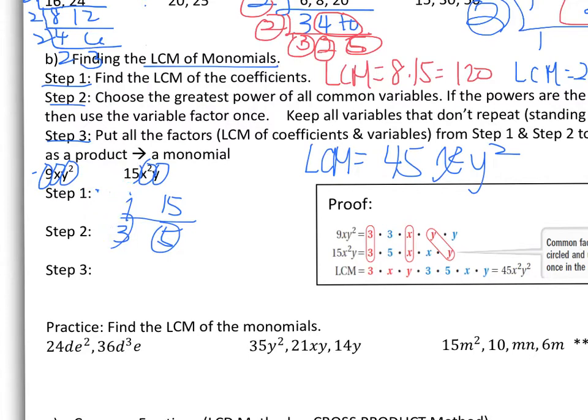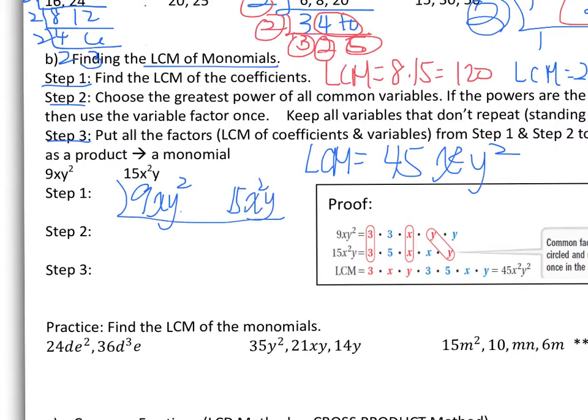Now I'm going to show you a different way. It's actually the full cake method. 9xy squared, 15x squared y. We got 3. Let's first take care of the coefficient.